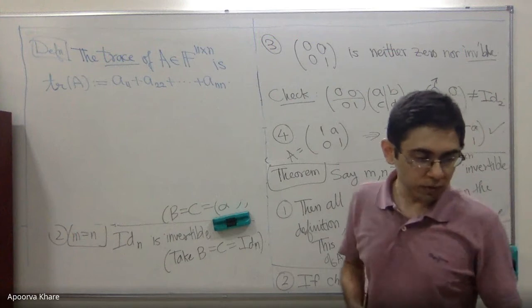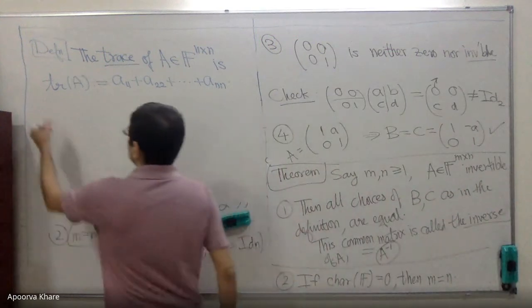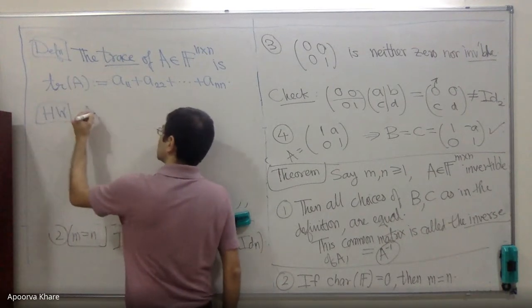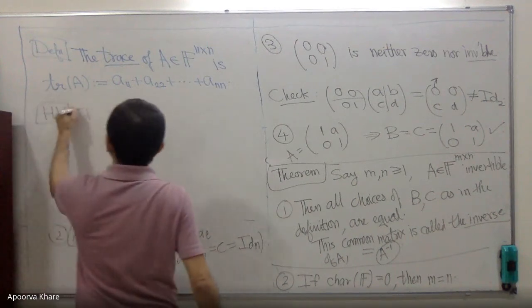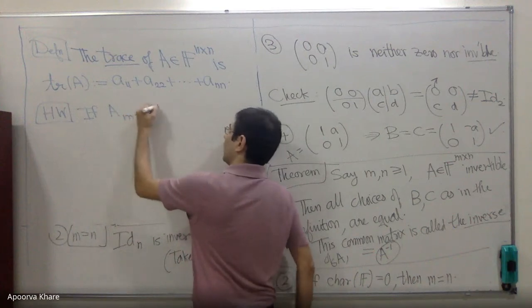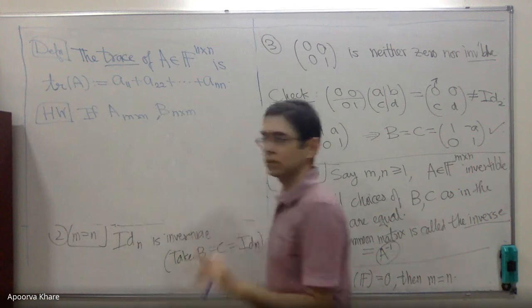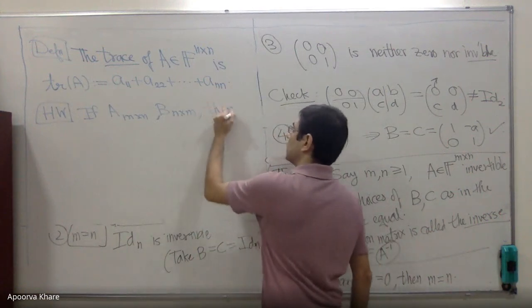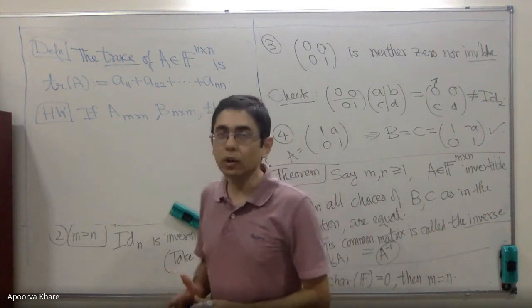Now there's a homework problem which you will see later. If A is M cross N and B is N cross M, these are not necessarily the same size.